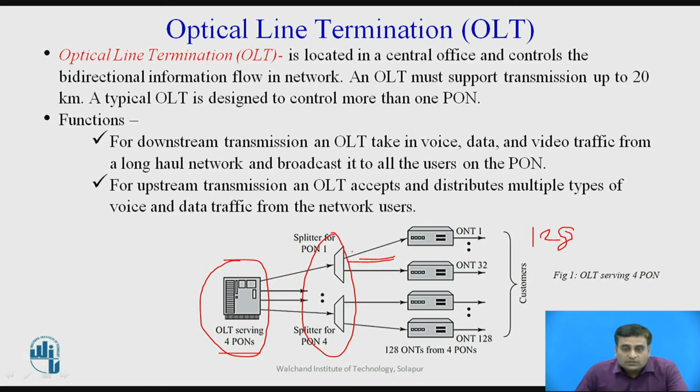But users are not directly attached to this power splitter or passive optical network splitter; they are connected to these ONT units, and each ONT is connected to a single end user.